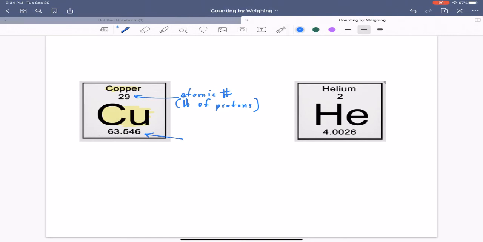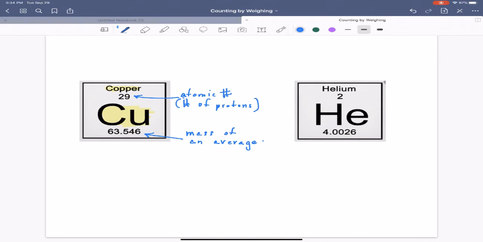This number down here we know is a weighted average. It's a weighted average between all the isotopes that are copper, given their isotopic abundance. So we could say that this is the mass of an average copper atom. Is there really any copper atom that has that mass?